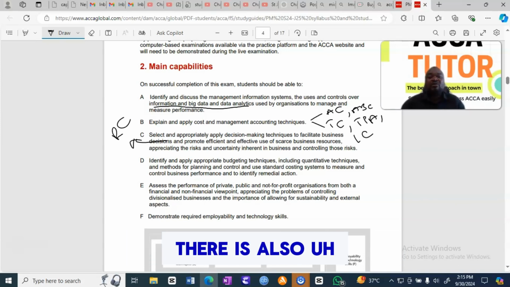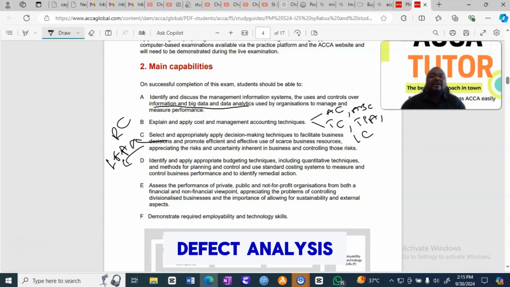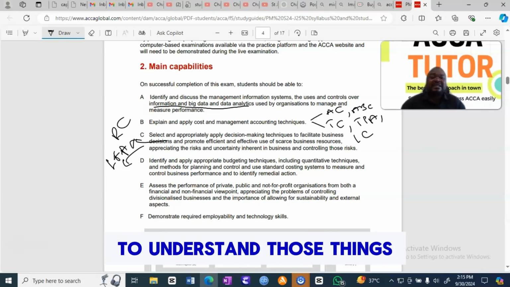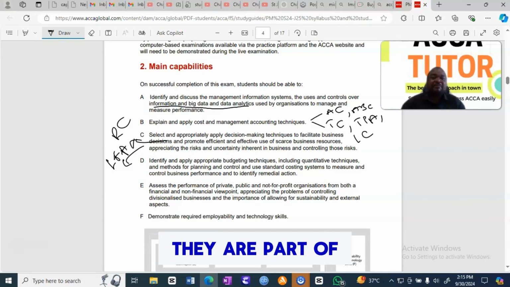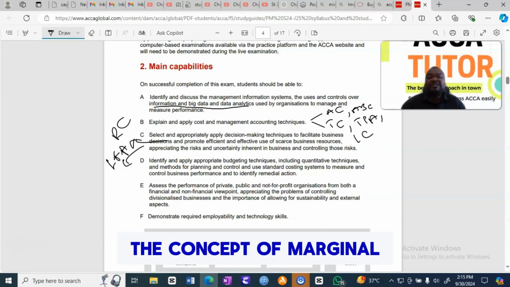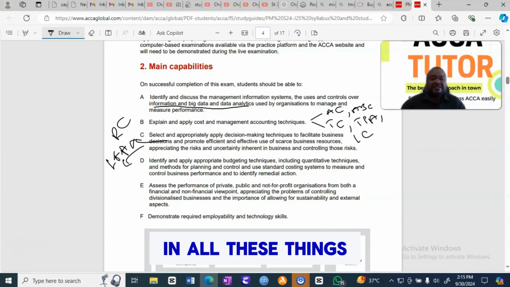There is also limiting factor analysis. We need to be able to do those things. Linear programming. We are also required to understand those things, as they are part of limiting factor analysis. The concept of marginal costing is also going to be explored in all these things.